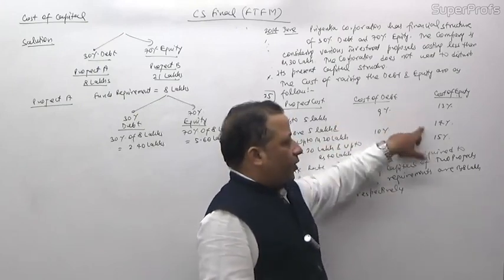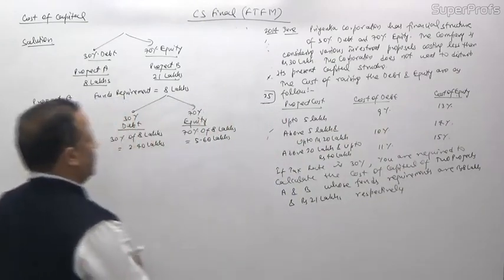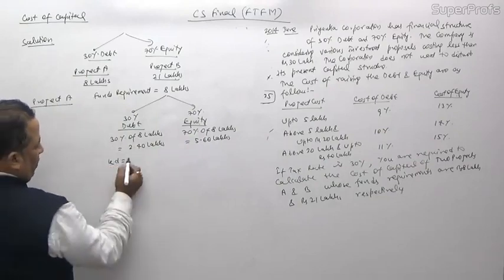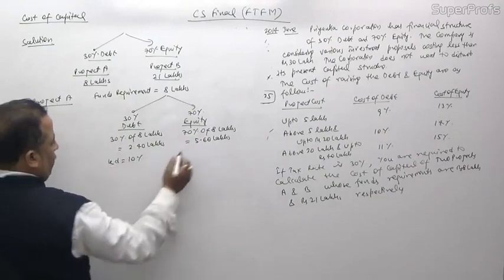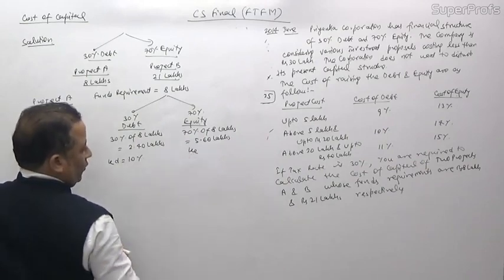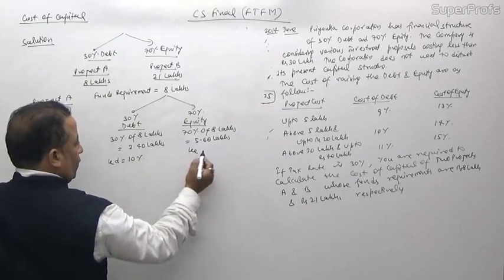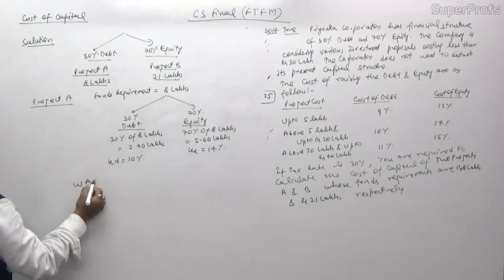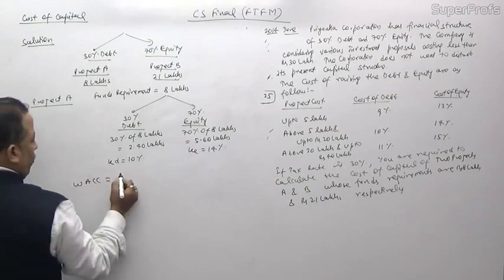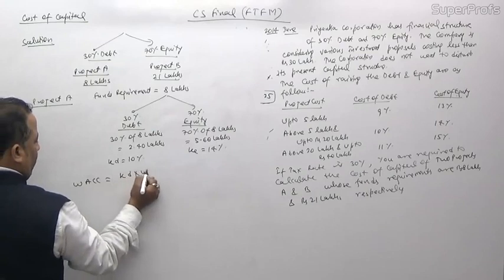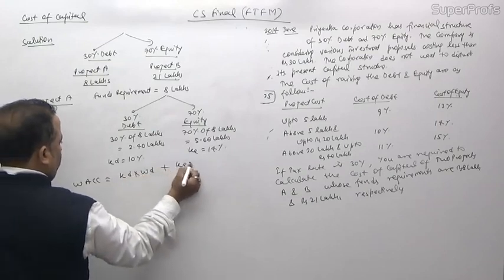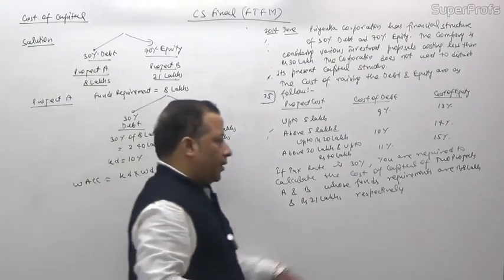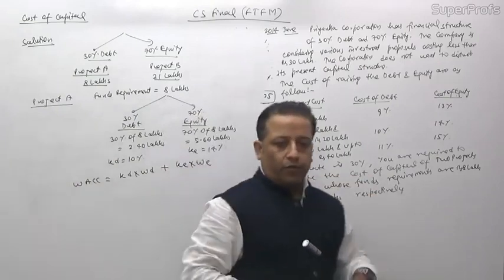The weighted average cost of capital is the cost of debt into weight of debt plus the cost of equity into weight of equity.